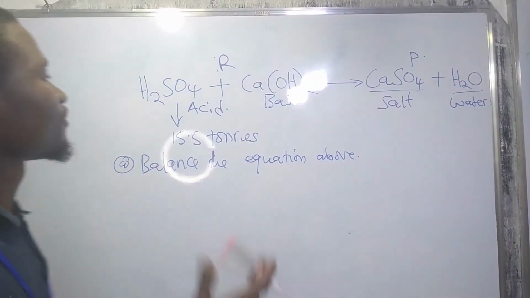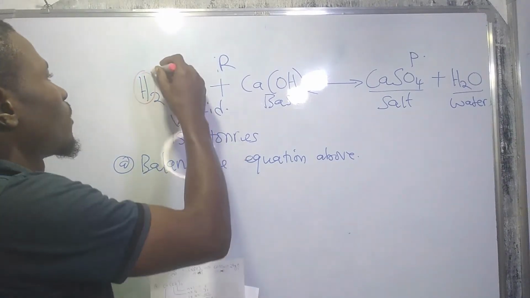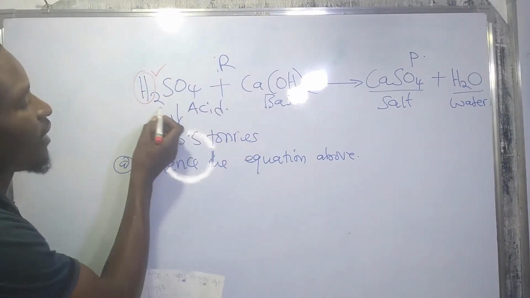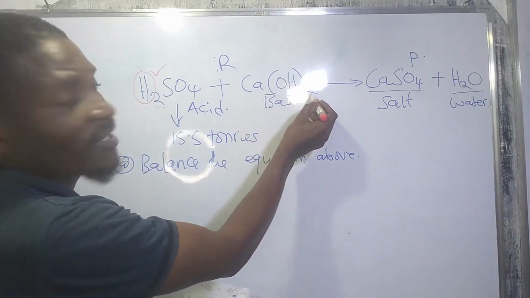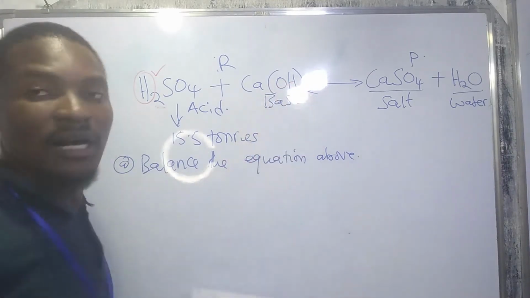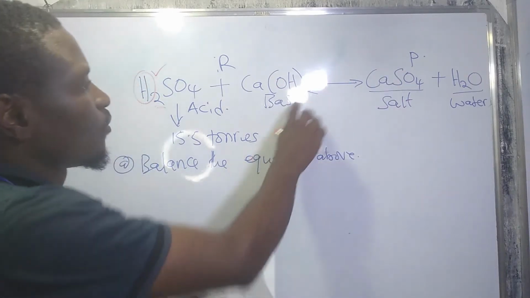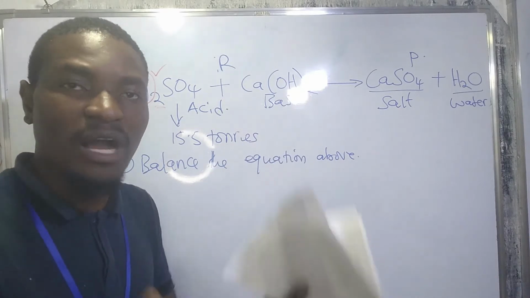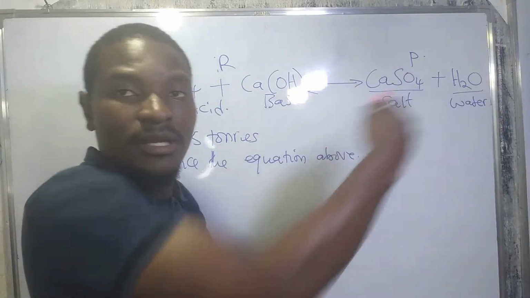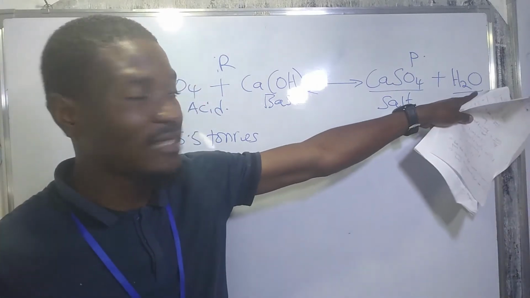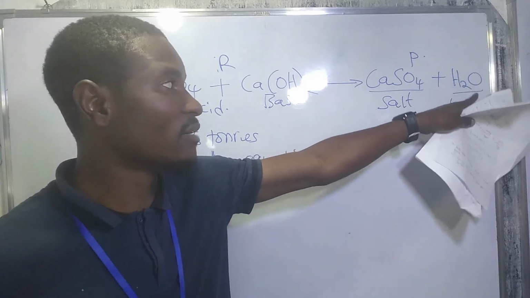You look at the number of hydrogen. We have hydrogen 1, hydrogen 2, and also in the brackets with the 2 outside, we have hydrogen. So just before the product is formed, we've got 4 atoms of hydrogen. Then you go to the product part, you can see that in H2O, hydrogen in the water compound is 2.